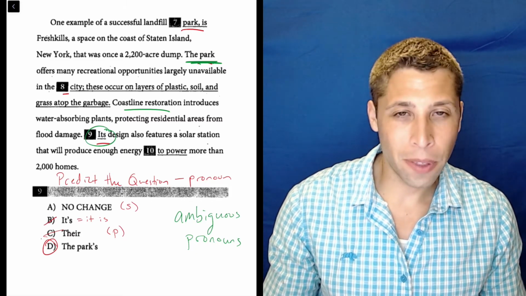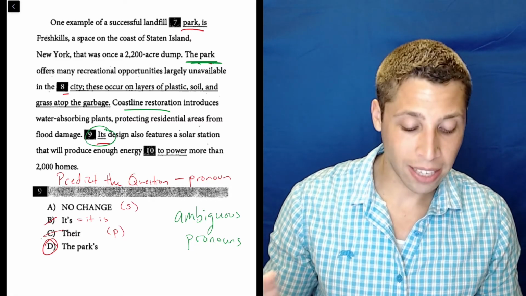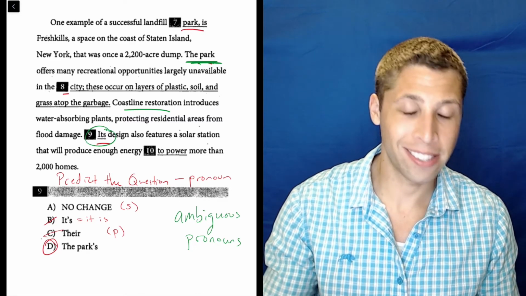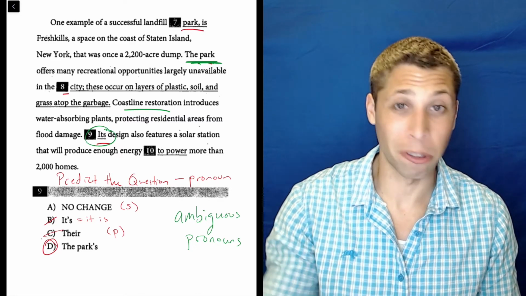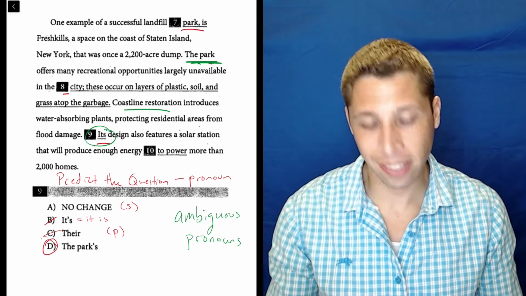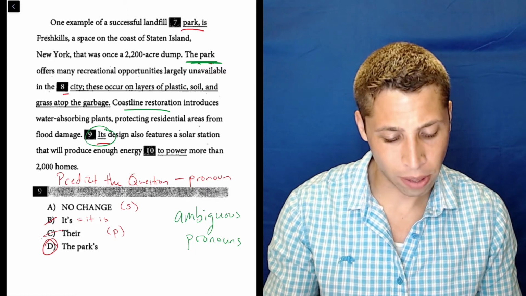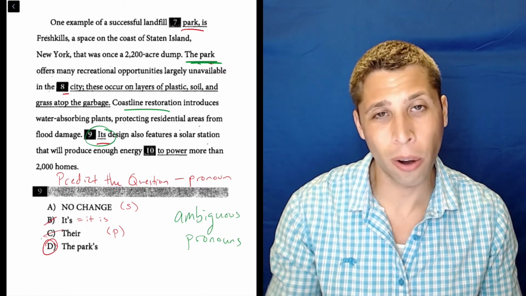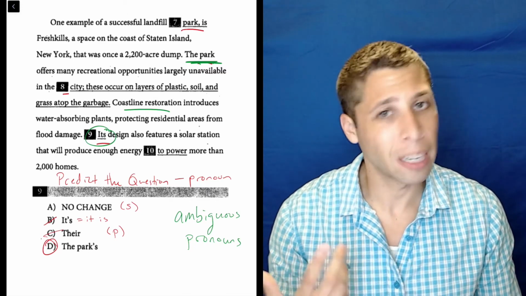So the real grammatical issue here is that it's unclear what this pronoun is referring to. It seems to be referring to the thing we were just talking about, coastline restoration. So would it make sense to say that coastline restoration's design also features a solar station? Well, no. We're very clearly talking about the park.